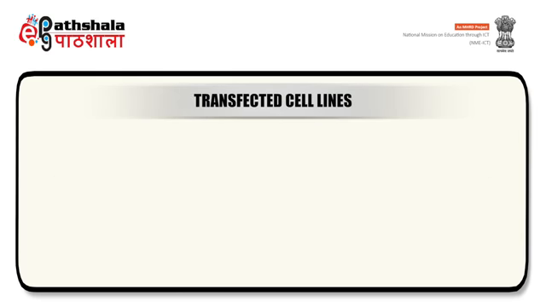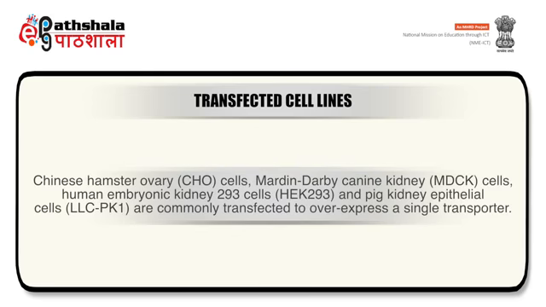Now we are talking about transfected cell lines. Chinese hamster ovary, that is CHO cells, Madin-Darby canine kidney, that is MDCK cells, human embryonic kidney 293 cells and pig kidney epithelial cells are commonly transfected to overexpress a single transporter.